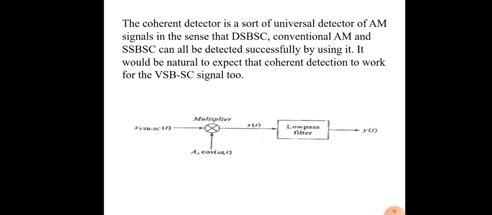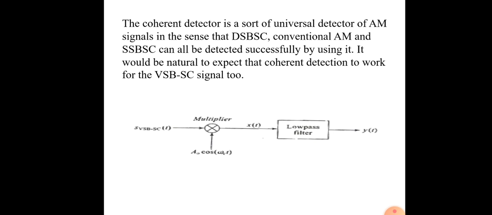In x of t some noise will appear, so in order to reduce the noise we use the LPF, that means low pass filter. That low pass filter allows only low frequency signals. At last we get the original signal, y of t, that is our message signal.